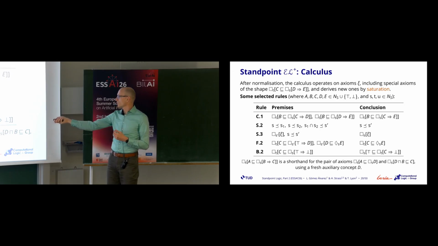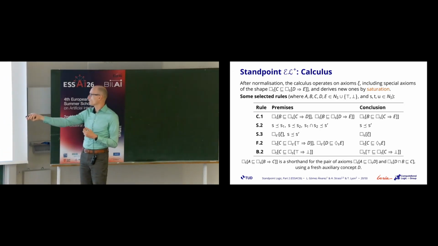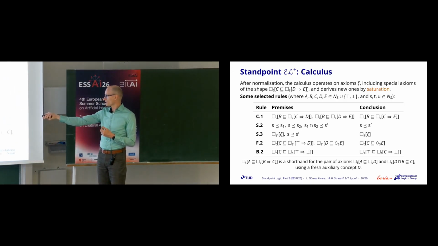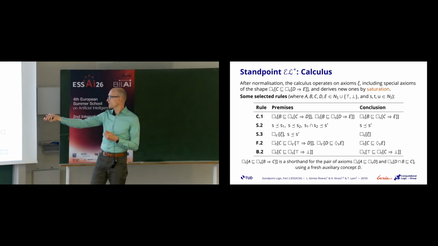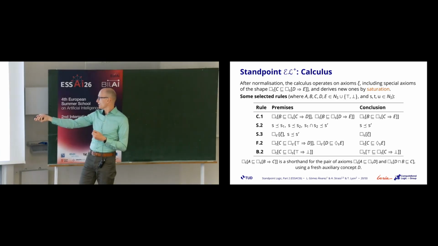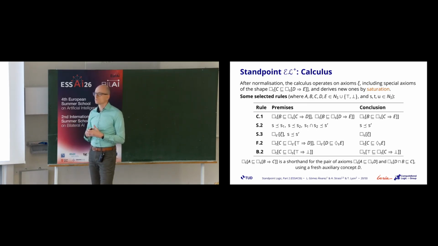Then we also have other rules. So here, for example, this is similar to C1. Here you have that top is subsumed by D, right? So basically this says that C is subsumed by D, and D is subsumed by diamond SE, then of course also C is subsumed by diamond SE. Right? So that's the idea here.